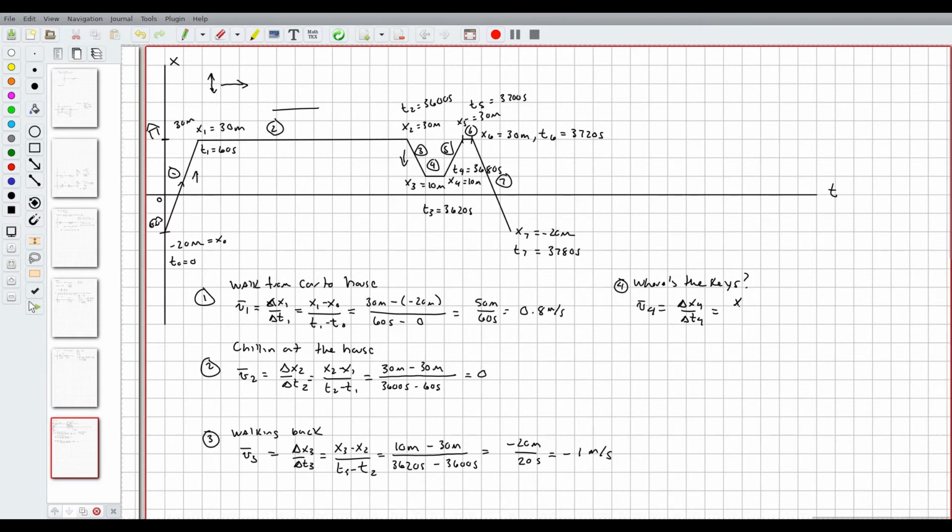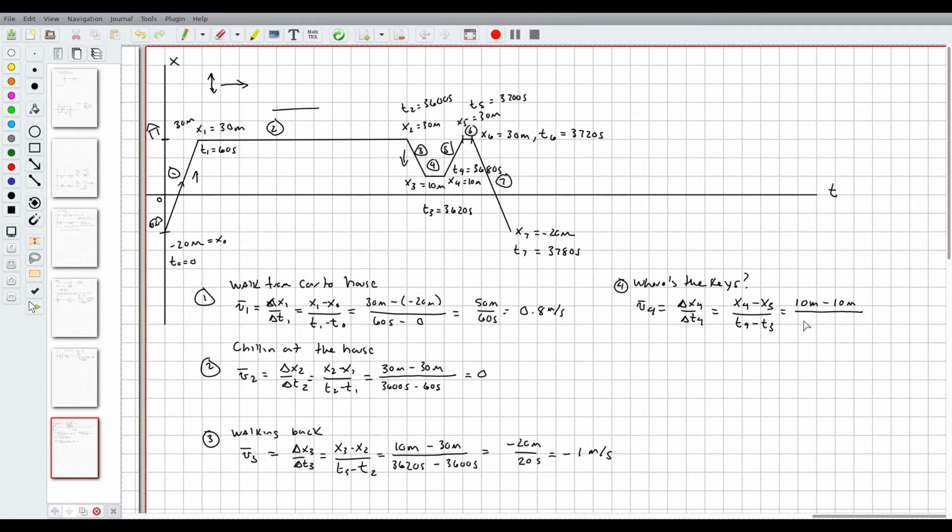Delta x4 is x4 minus x3. Delta t4 is t4 minus t3. If you plug the numbers in, that's going to be... I'm standing here looking for my keys. I'm not going anywhere.